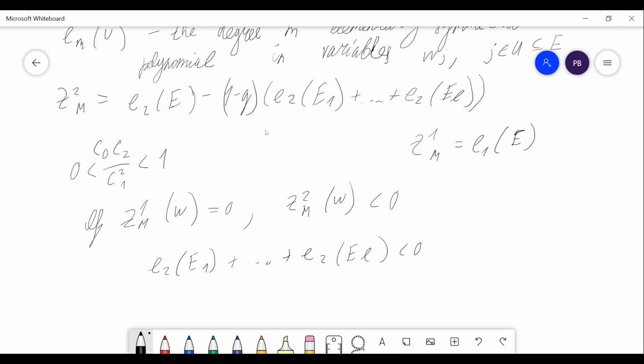So if this is less than 0, then this will be bigger than 0. That's the only case we will consider from now on.